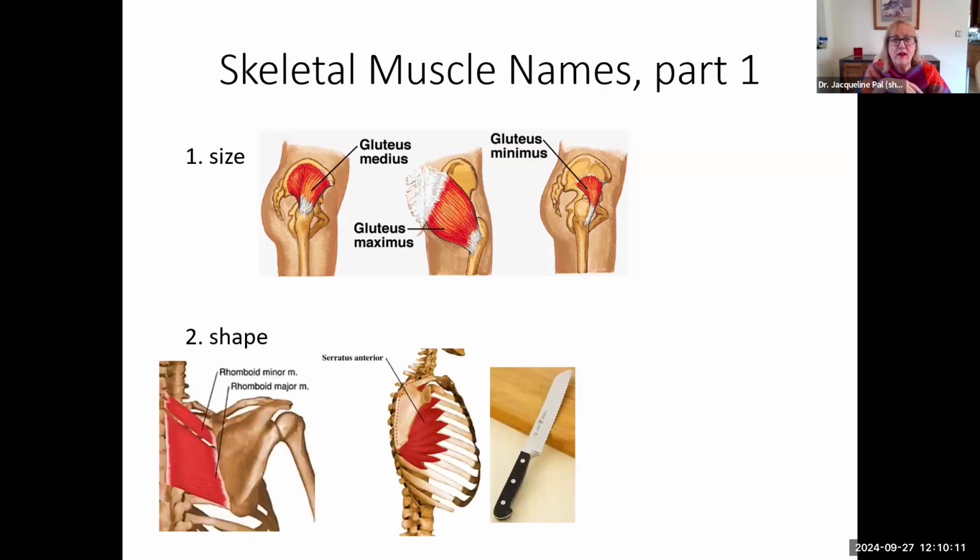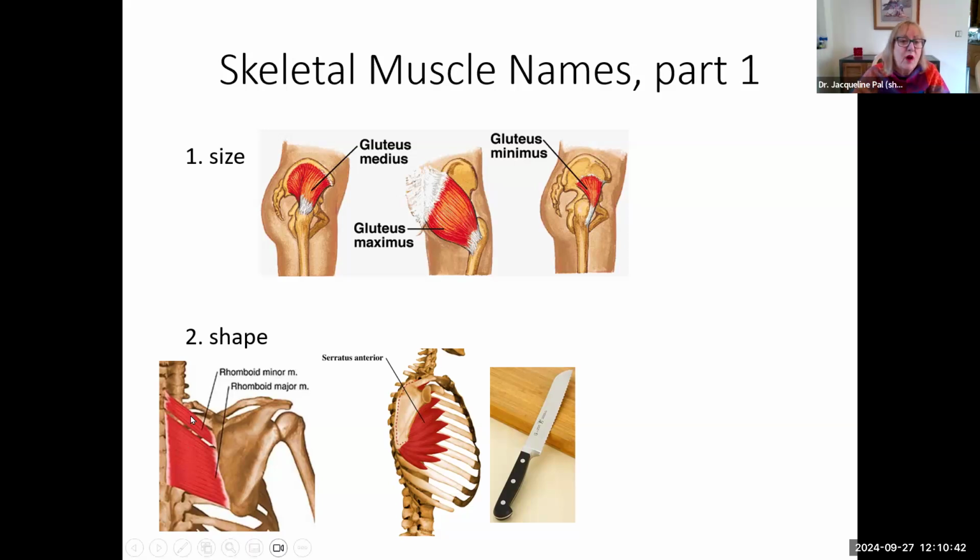Second way muscles are named has to do with their shape. For instance, here on the left, you can see these 2 muscles that go between the scapula. Remember, the shoulder blade, or scapula, is a name you do need to know, is attached to spinous processes of your thoracic vertebrae here by this muscle, which has the shape kind of like a parallelogram, which, if you remember from geometry, is an example of a rhomboid.